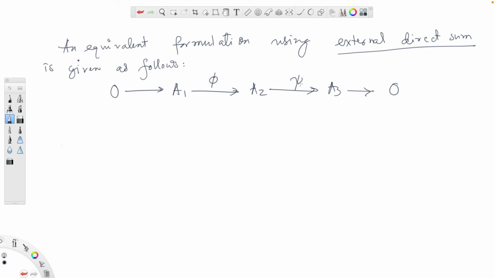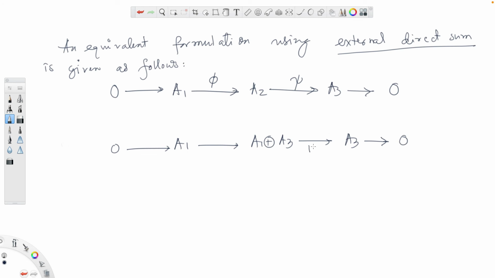It is said to split if we have this part of the diagram as well: 0 to A1, A1 to A1 direct sum A3, and A3 to 0.